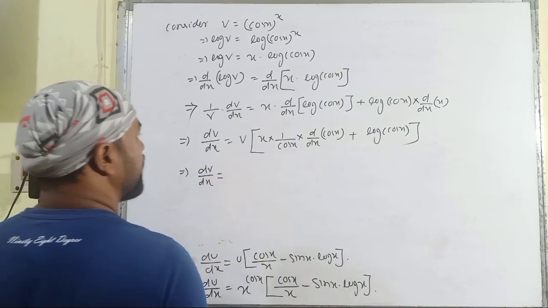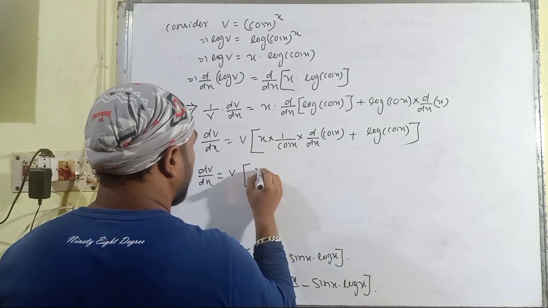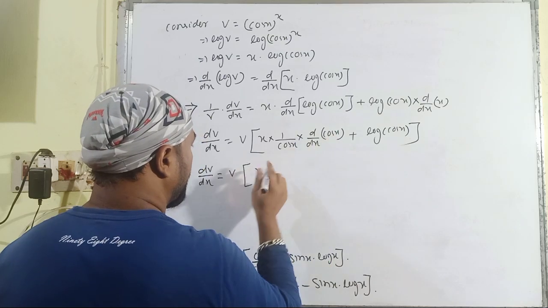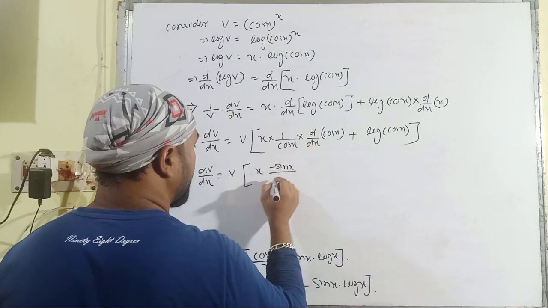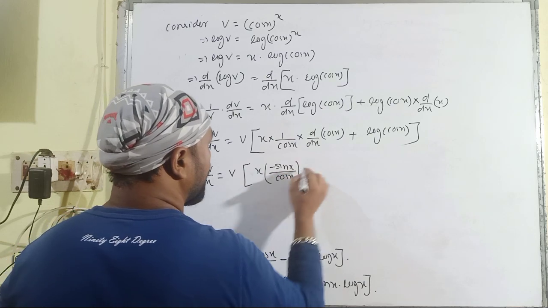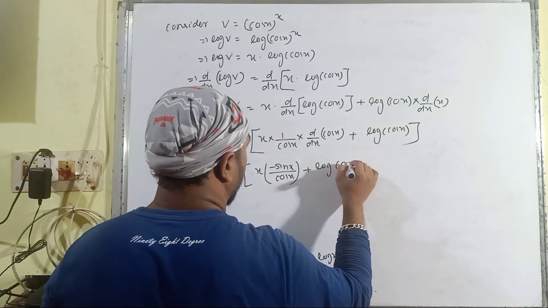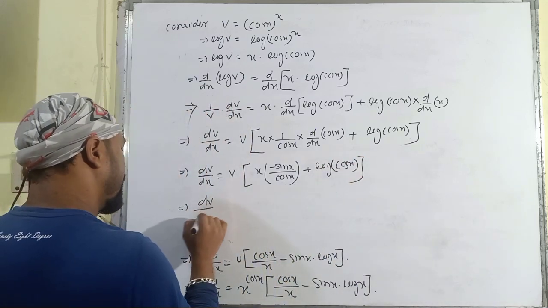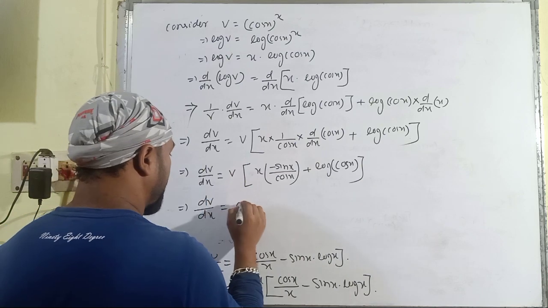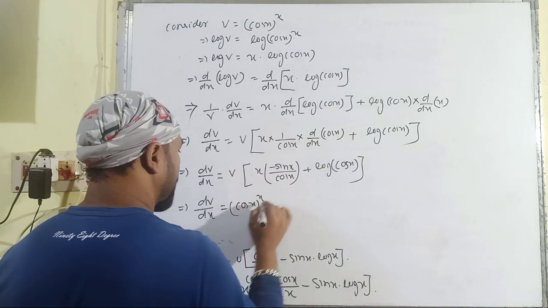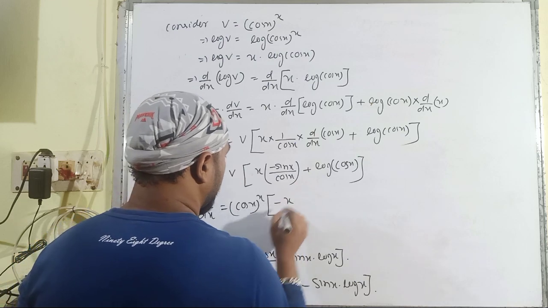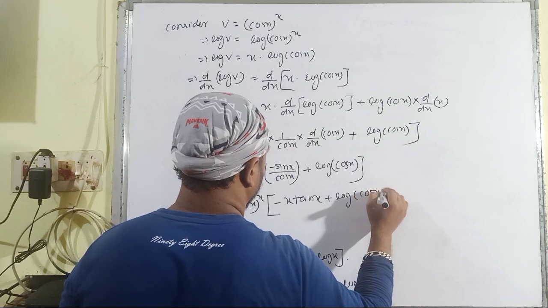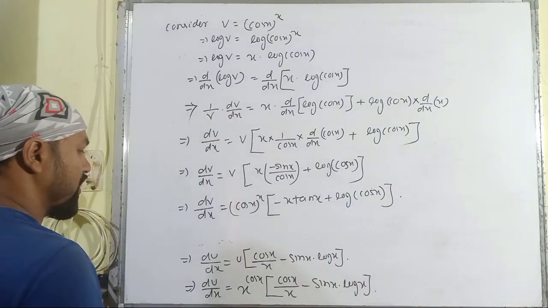This will be minus x because differentiation of cos x it is minus sin x. So minus sin x divided by cos x plus log cos x. dv upon dx, the value of v is here cos x to the power x multiplied with minus x tan x plus log cos x. This is dv upon dx.